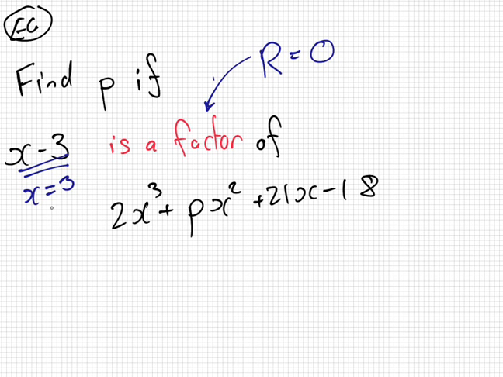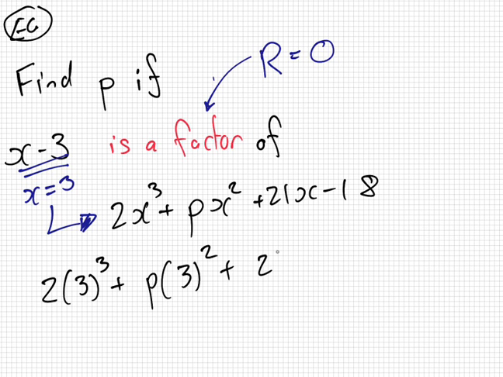If I put x equals 3 into this, what should I get as my answer? 0, because the remainder is 0. So I have 2 times 3 cubed plus p times 3 squared plus 21 times 3 minus 18. That should equal 0 because that's the remainder.